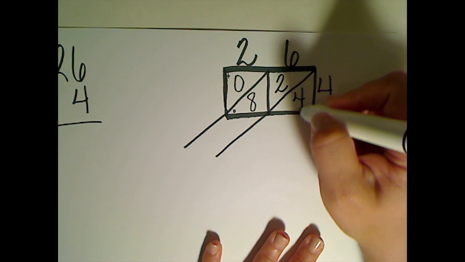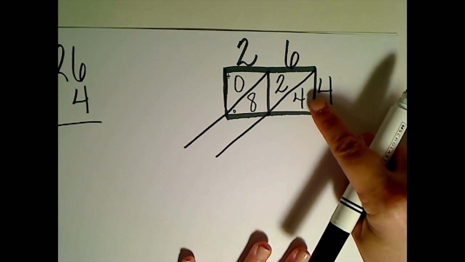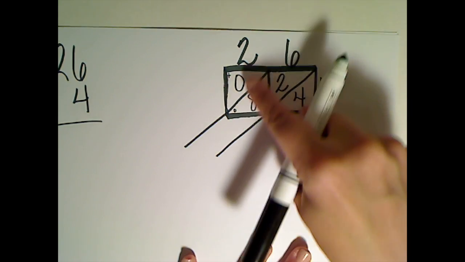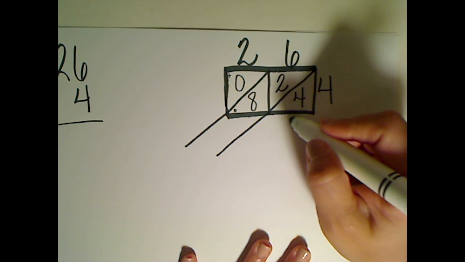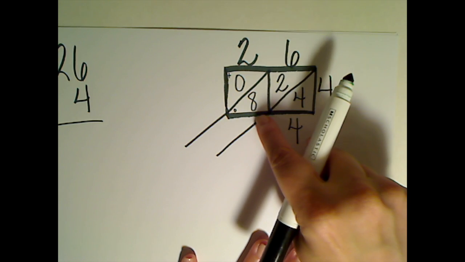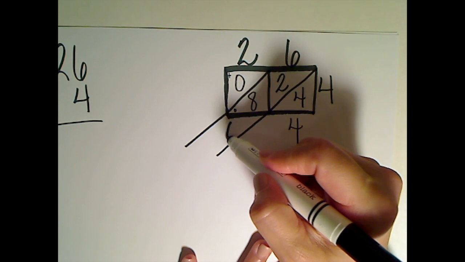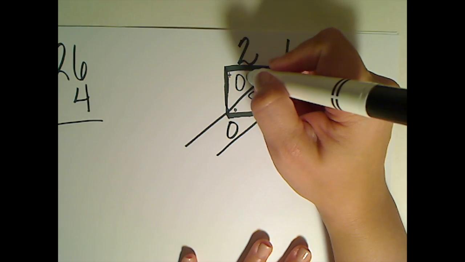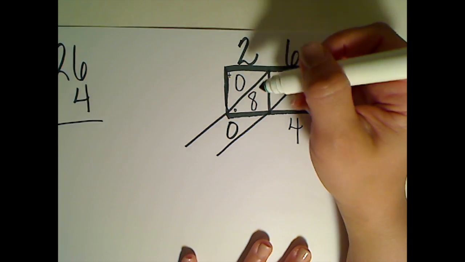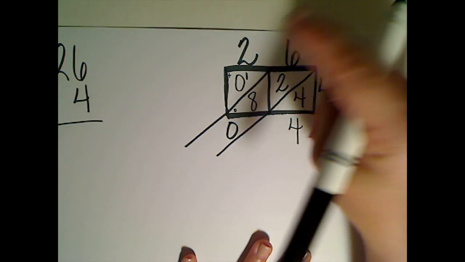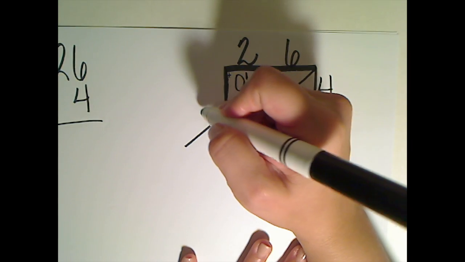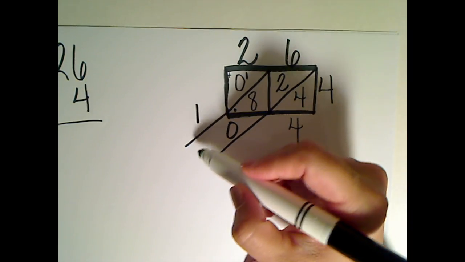And then what you do is you add along these diagonal lines. So this becomes 4. This is 10. You regroup that 1 into the hundreds place.